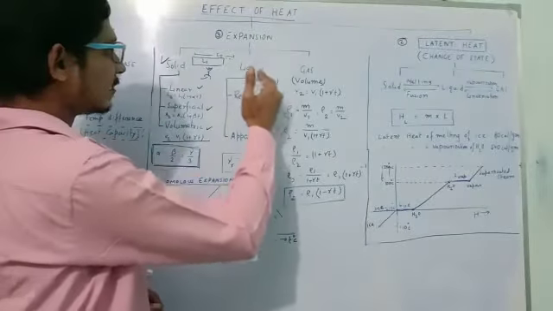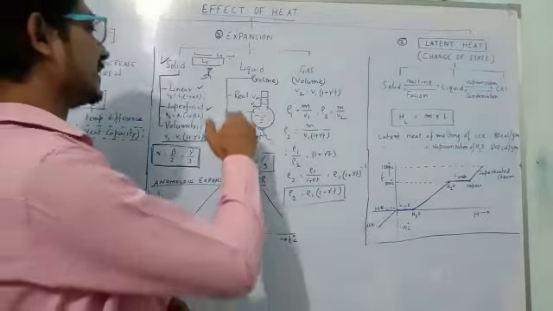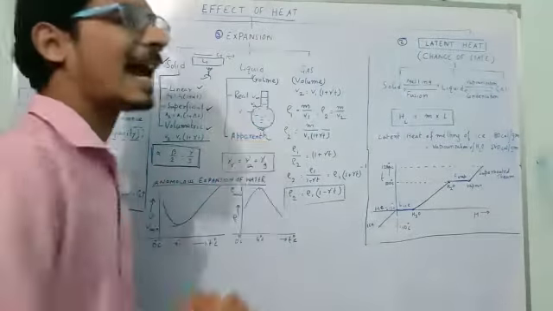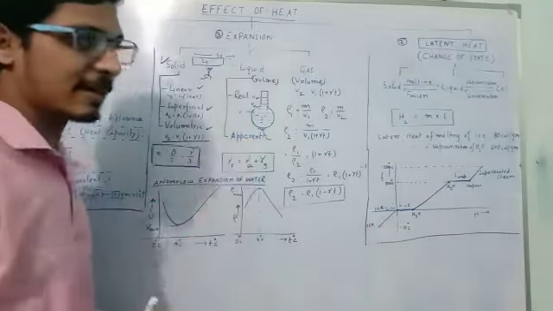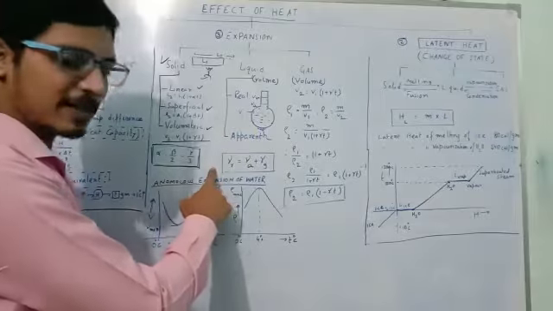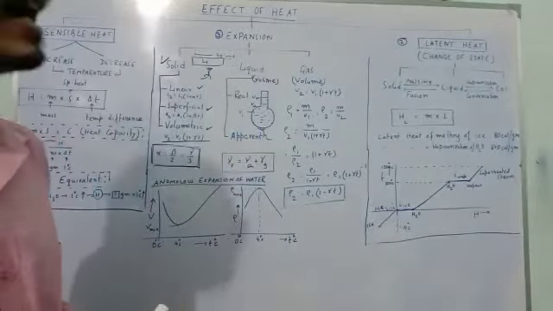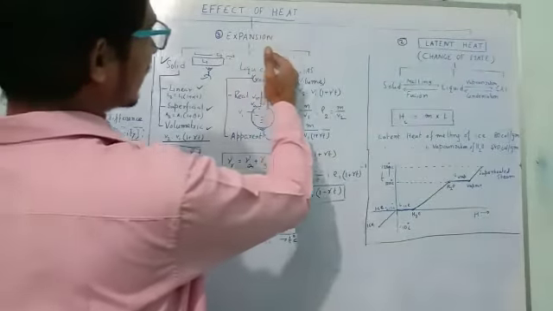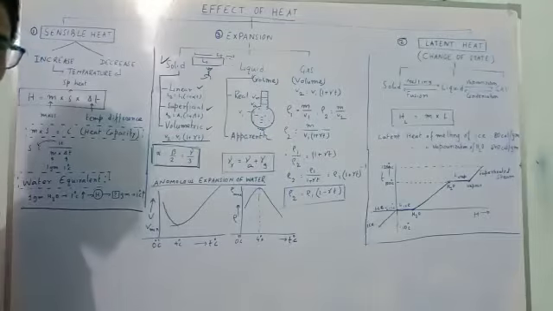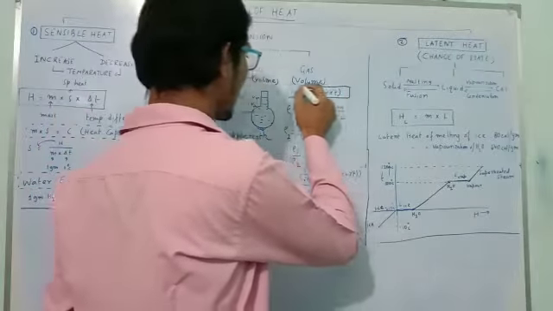So in case of liquid, there are two kinds of expansion coefficients: real expansion and apparent expansion. The relationship is: real expansion is equal to apparent expansion plus expansion of the container. In case of liquid and gas, the final volume will be V1 into 1 plus gamma T.